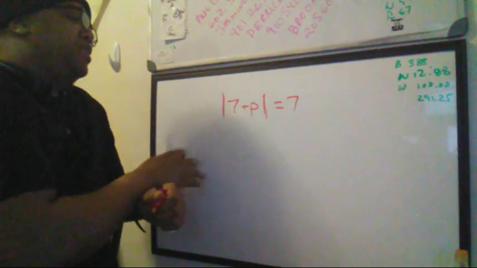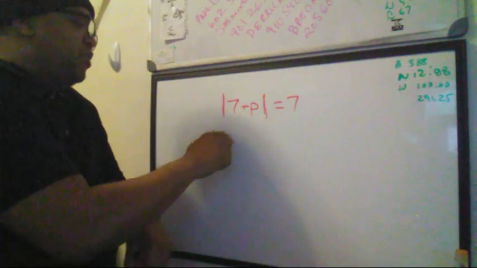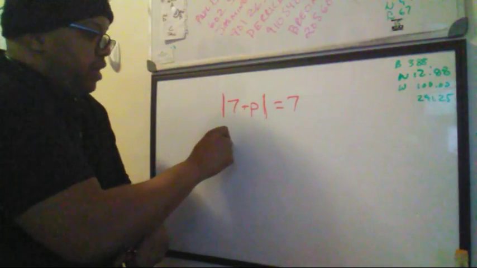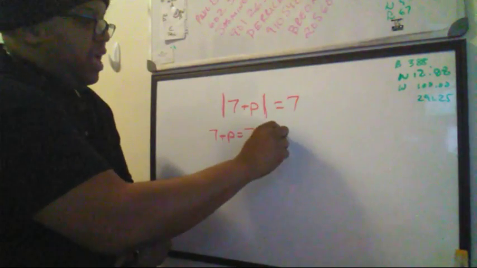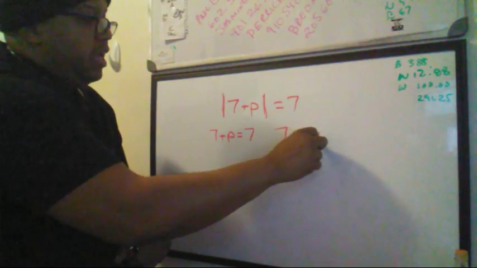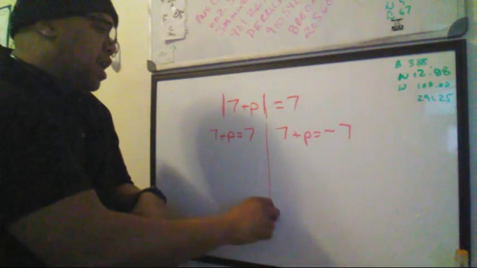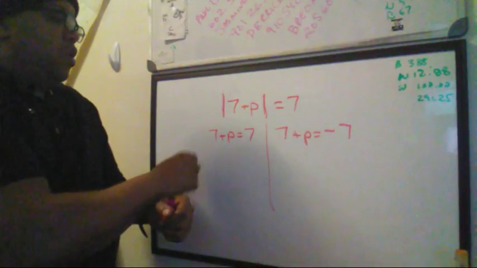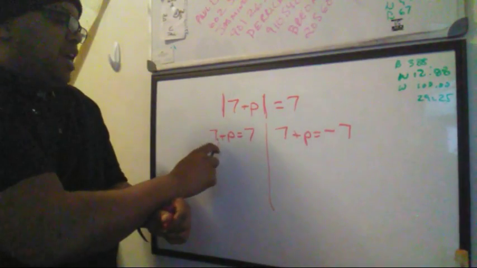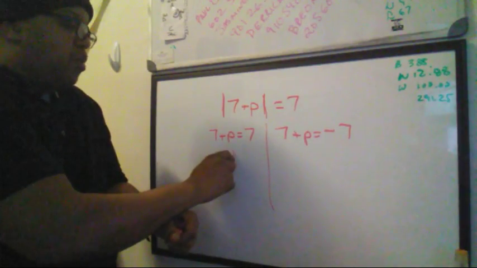Well, what happens here is that we have two different equations that we're going to have to solve. We're going to have to solve 7 plus P equals 7, which is originally there, and then 7 plus P is equal to negative 7. So I'll put a line here. It's two different equations. We have to isolate P. If 7 goes to the other side, it becomes negative, and then P will be equal to 0.